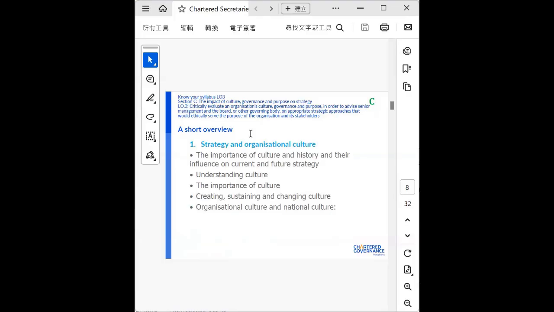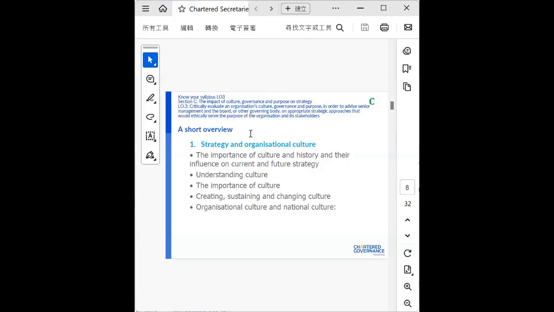What you need to do in here is make sure that you understand how to apply culture as a strategy, because this section looks at the interplay between strategies and organization culture. So we have to understand the cultural influences on strategy making. That is most important.